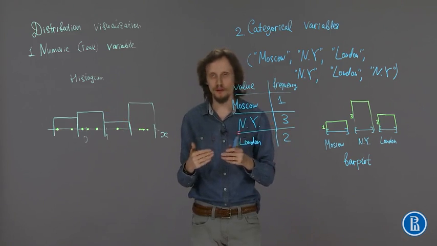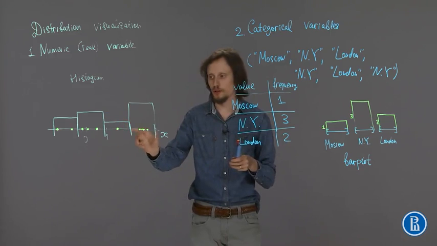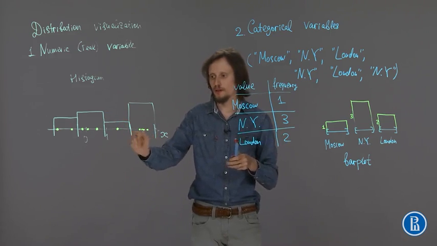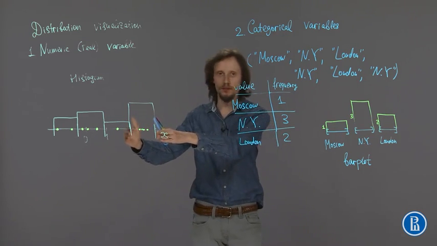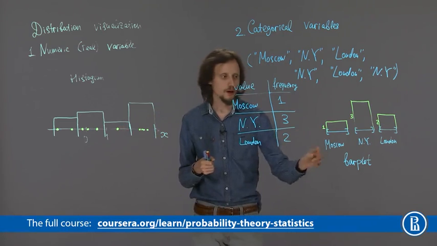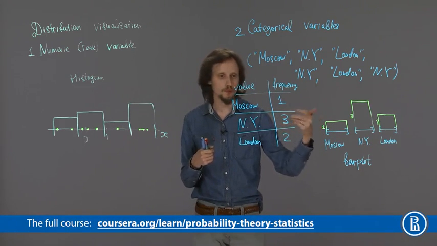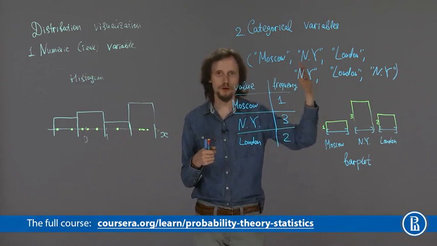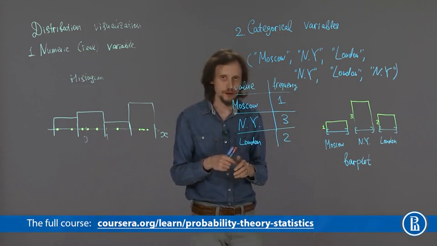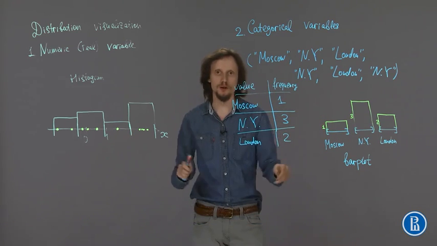But again, the meaning is a little bit different, because for histograms you can select the length of this segment as you find it appropriate. But for bar plot, every rectangle corresponds to exactly one possible value of your variable. So you have to distinguish between these kinds of plots.